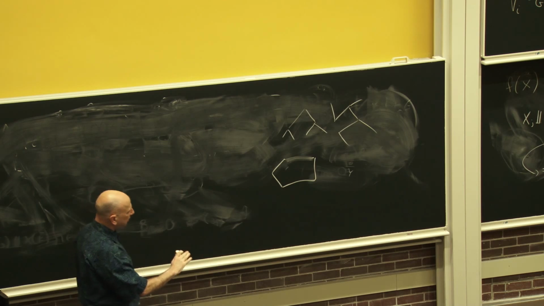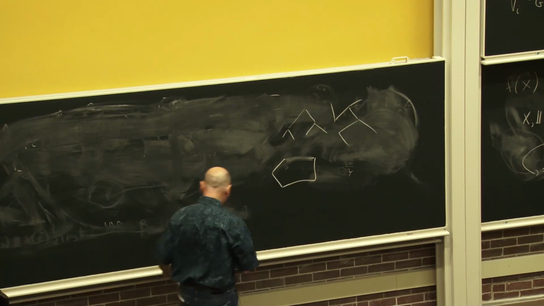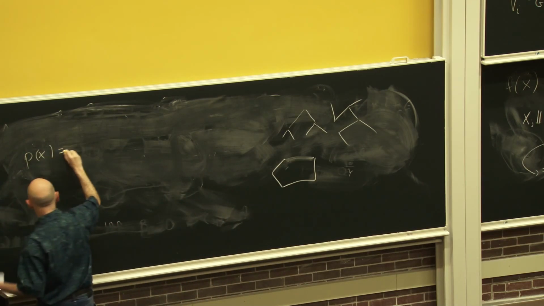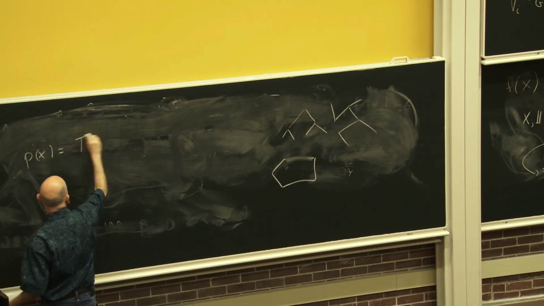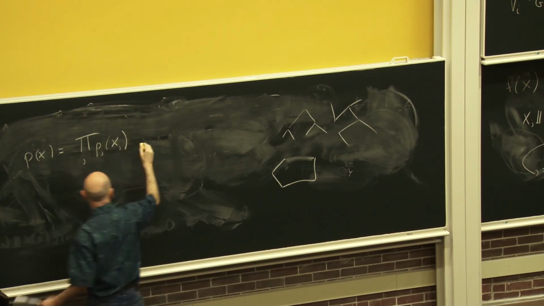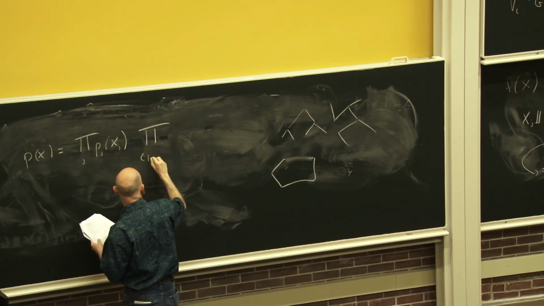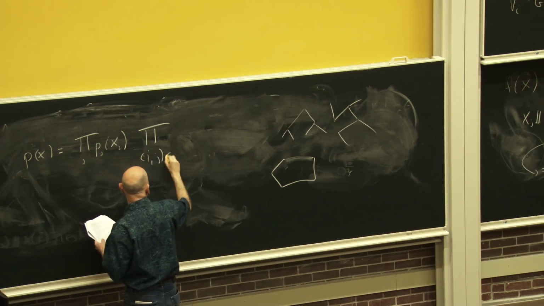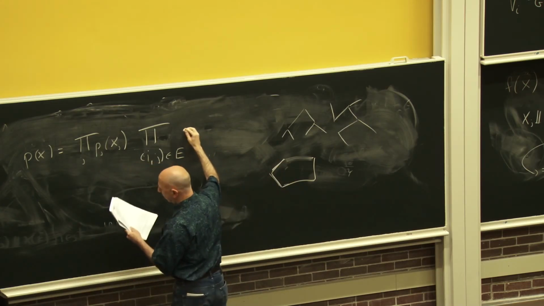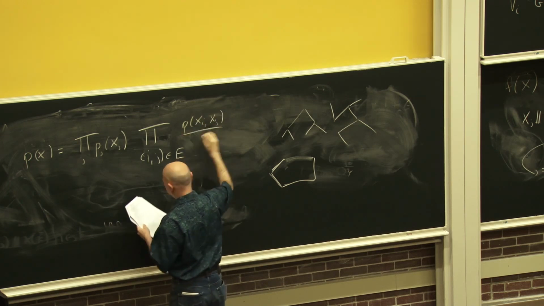If I have an arbitrary distribution whose graph is a forest, then the density has a very simple factorization: you can always write the density as the product of the marginals, and then the product over the pairs ij, over the edges. So this pair, this pair, this pair, times these bivariate marginals.